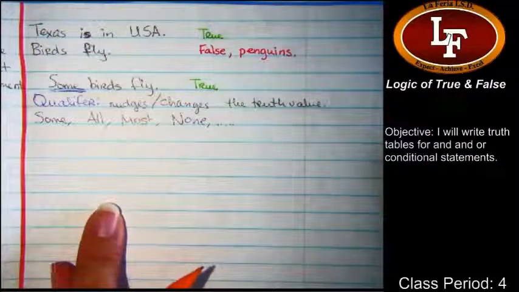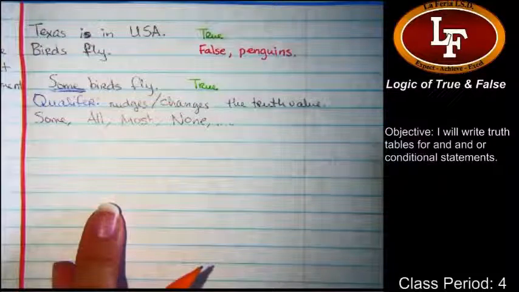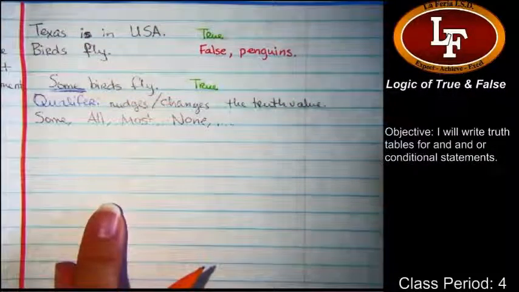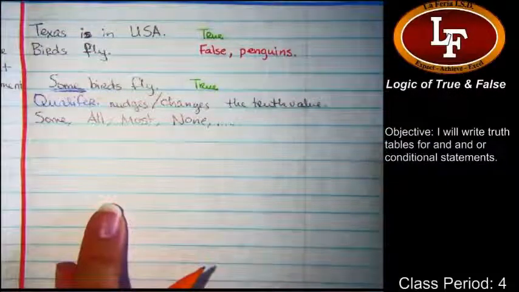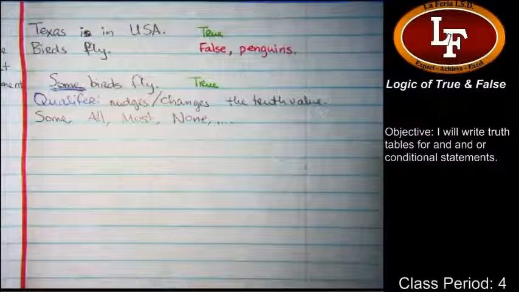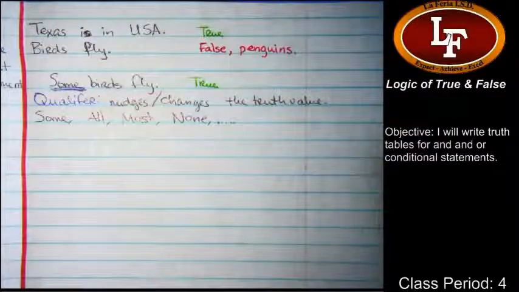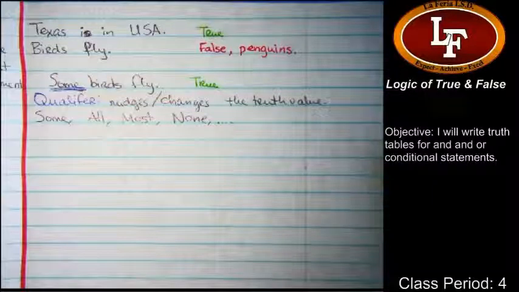That your arguments need to be logical, and you have to make sure to avoid me being able to find a counterexample to prove you wrong. Or prove each other wrong. So if you two were going at it and arguing, you're like, no, this is true, and you're putting all this evidence, you can find that one counterexample, you've completely shut her down, she has to start from scratch. Make sense? Okay?